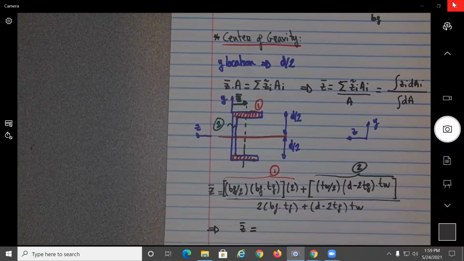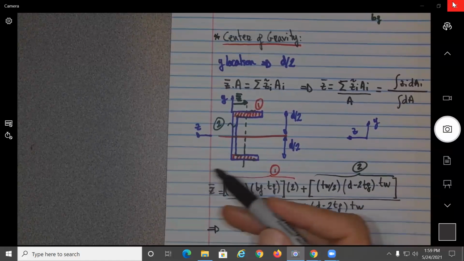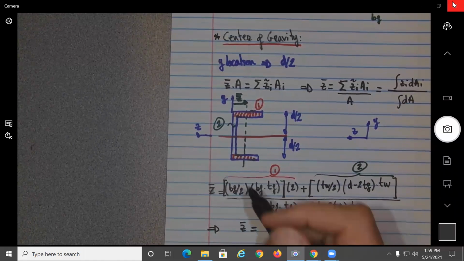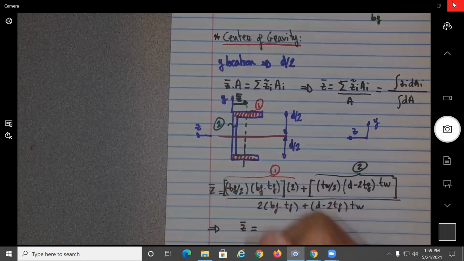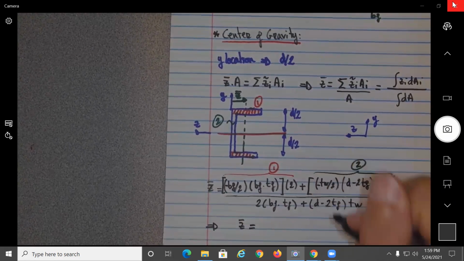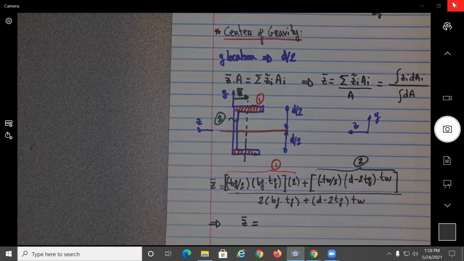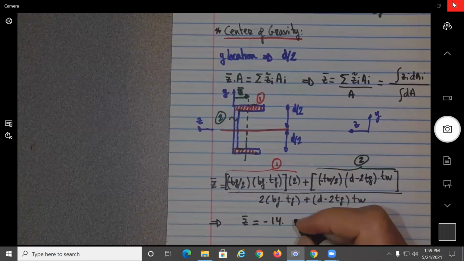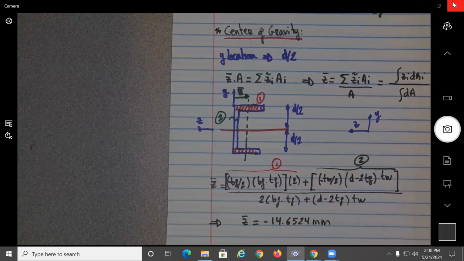Oh, actually here we need to be careful because, I mean, it's the same thing, but since I use Z going in that direction, this should be actually what? Minus BF divided by 2, and this one should be minus TW divided by 2. So this should give you minus 14.6524 millimeters.